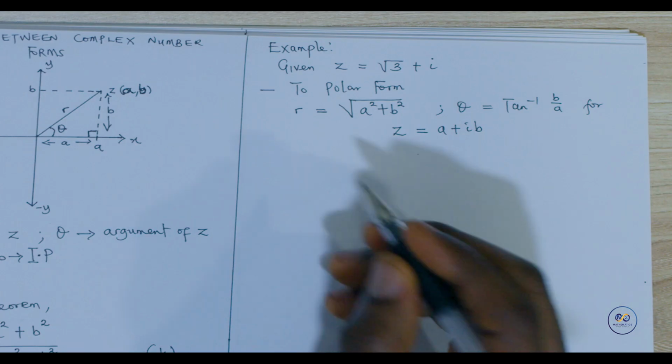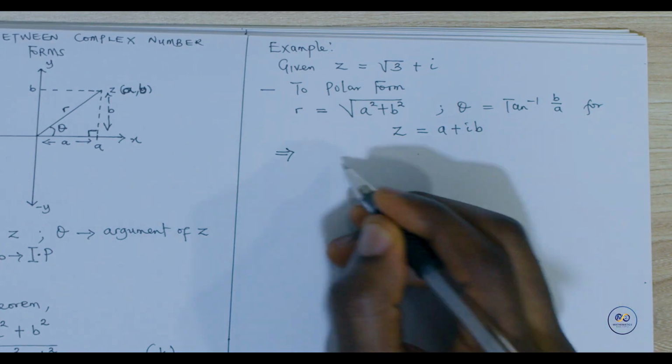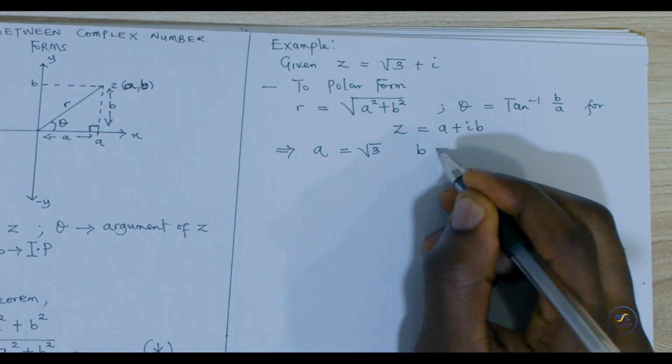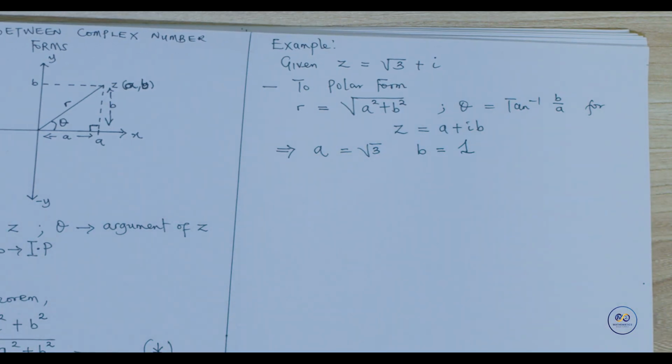which means that if we compare coefficients, it implies that a is in fact root 3 from the question, and then b is in fact 1 from the question.